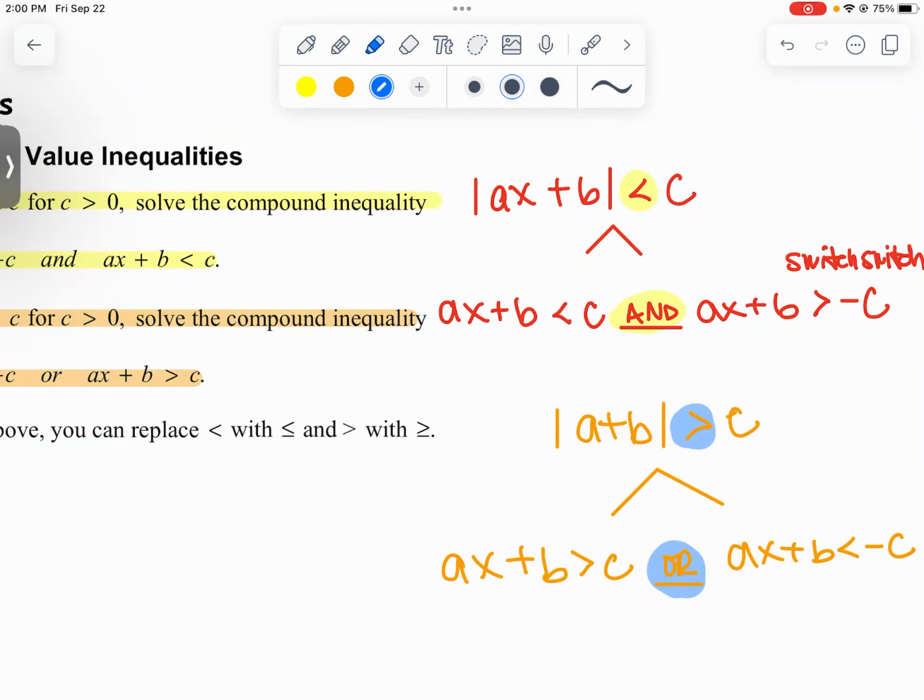So our compound inequalities are either and or. If this starts out as an absolute value that is less than, our compound inequality is and. But if this is absolute value that is greater than, it's gonna be an or. Do you see my emphasis on great or?